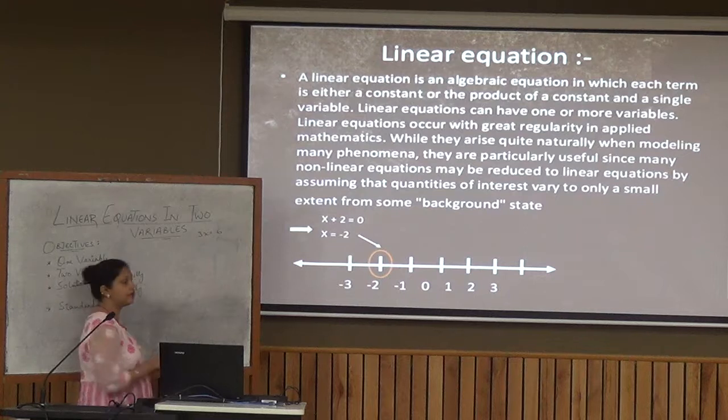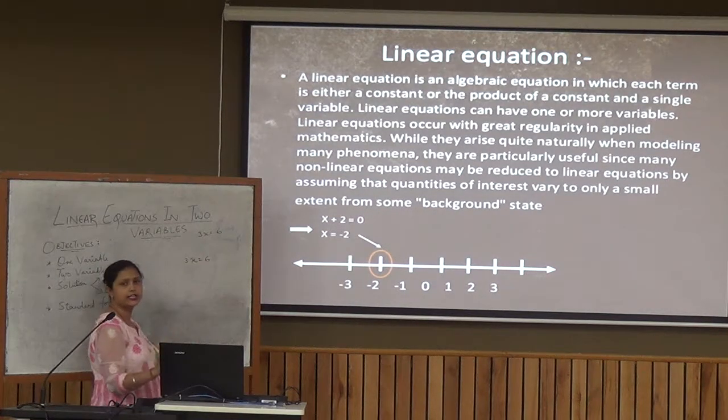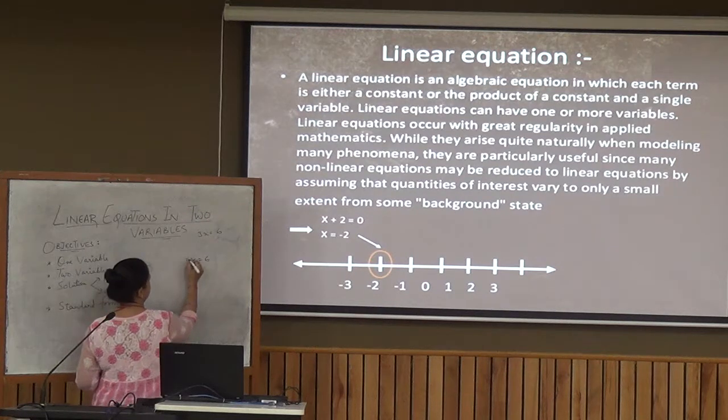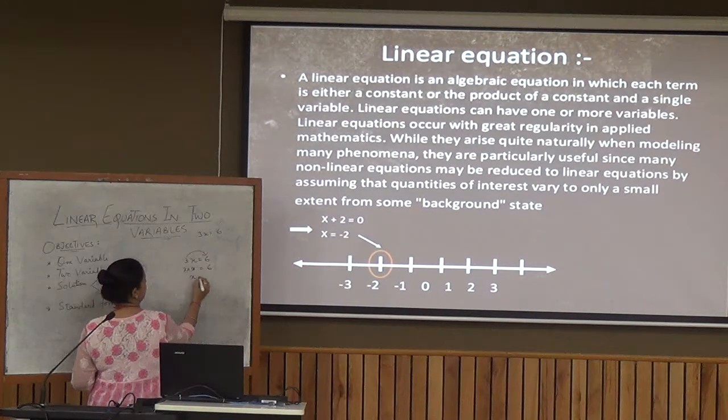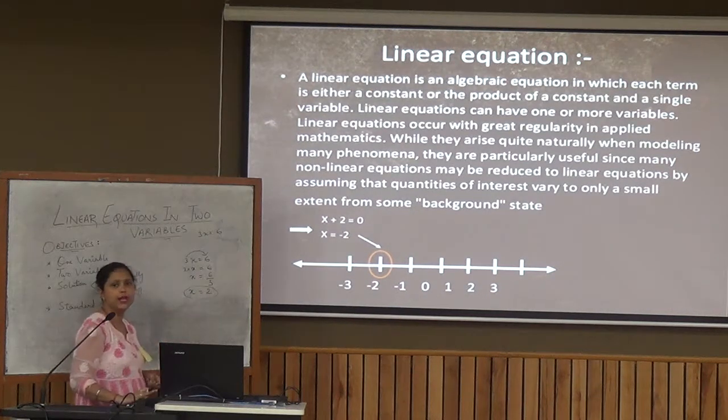I have written one equation here as 3x equals 6, and as I discussed while solving linear equations, if I shift a term to this side, as it is the multiplication between 3 and x, it will be x equals 6 divided by 3. The value of the variable x here will be 2.